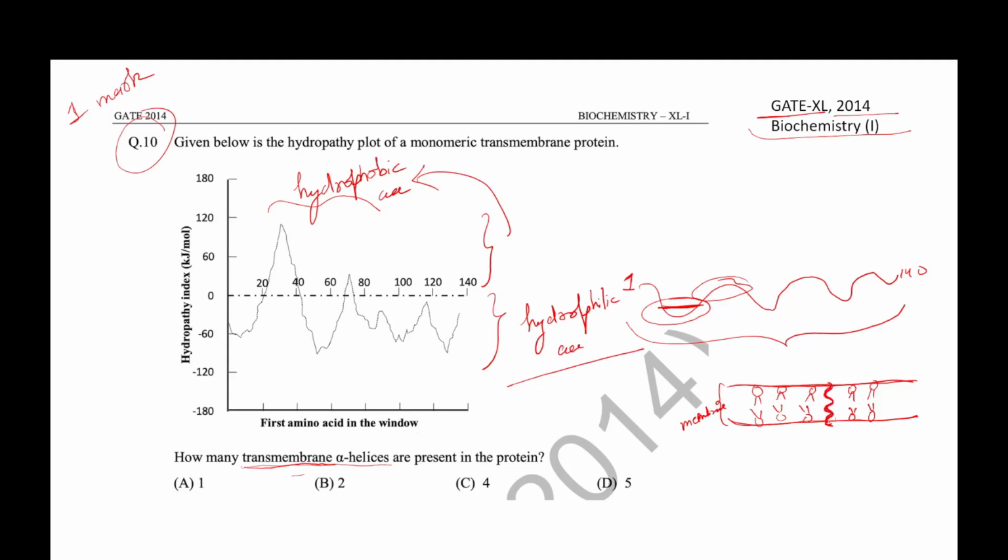Generally integral proteins have these alpha helices. The transmembrane region of many integral proteins is made of a bundle of hydrophobic alpha helices.